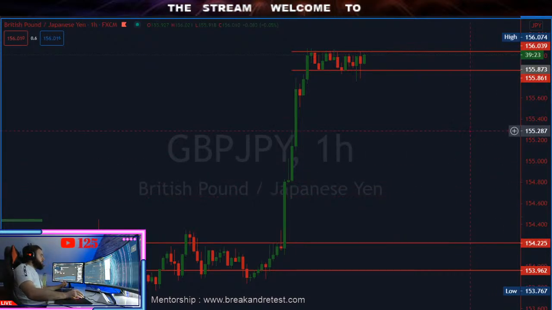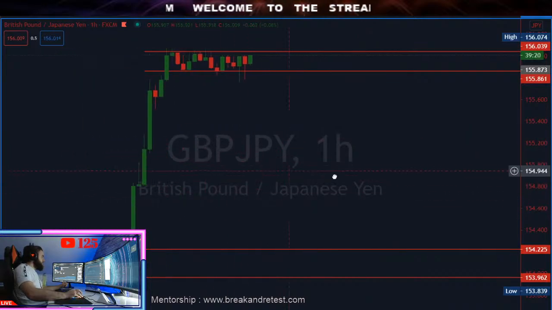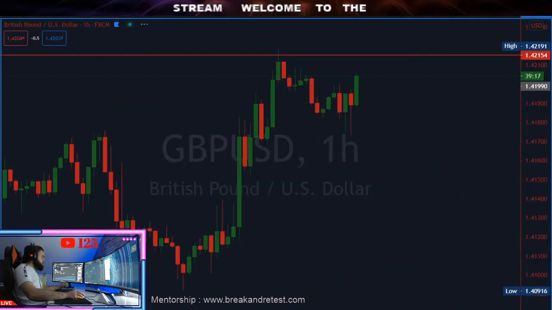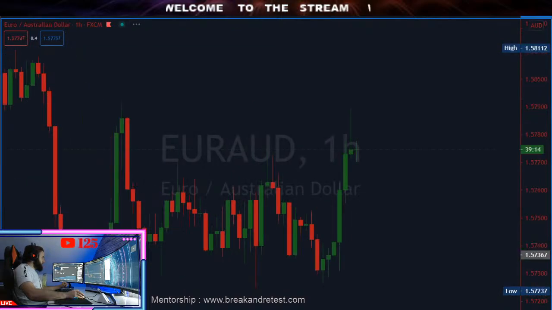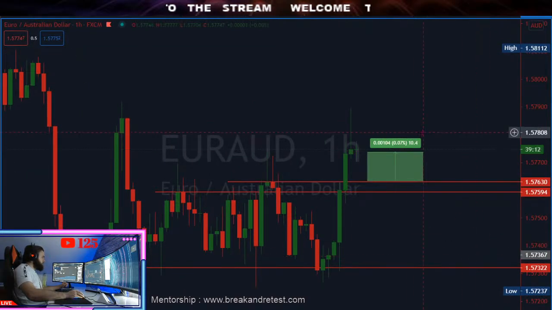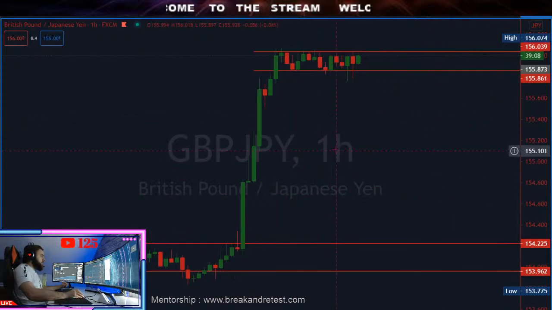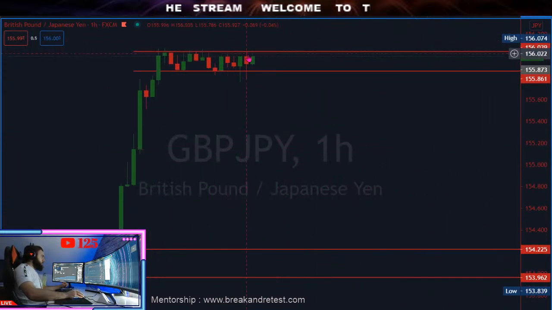GJ could be good, very nice. It's pushing. If we get a close above, we might have a chance. But hopefully it breaks, because we're still here, we can still reject.